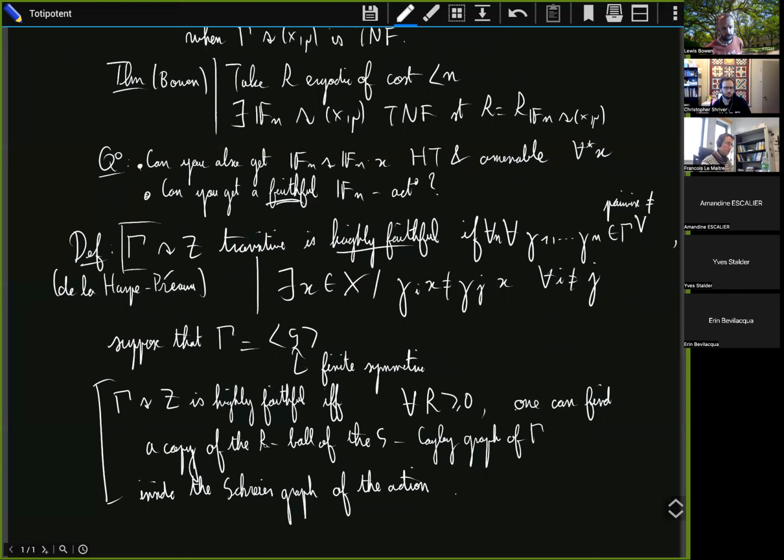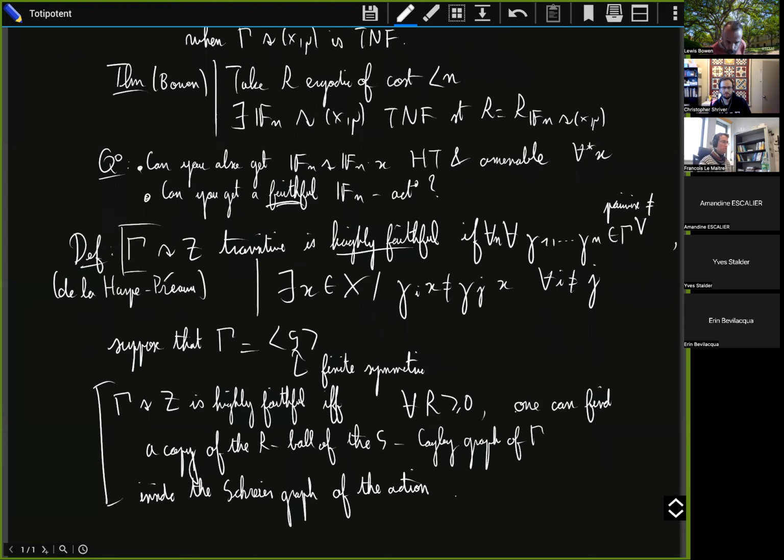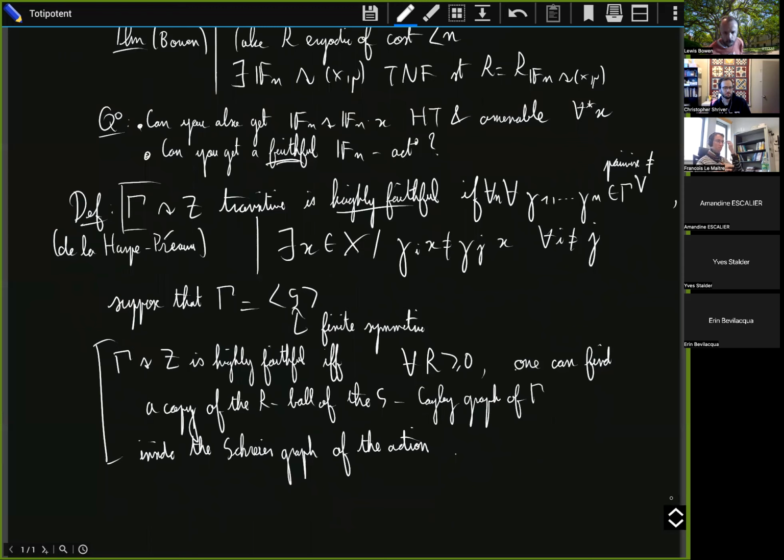So yeah, just to be sure, everyone is okay with this notion of Cayley graph and Schreier graph? No question. Okay, so again, high faithfulness means finding copies. I mean, here for the free group, this means that I will really find in my Schreier graph copies of arbitrarily large balls of the Cayley graph of the free group inside my Schreier graph.